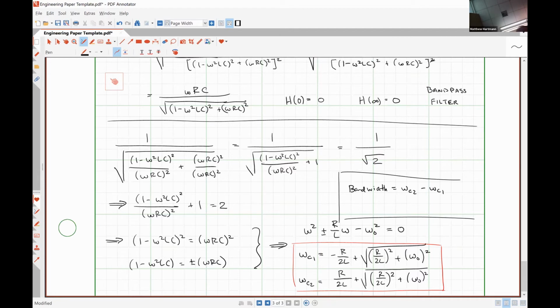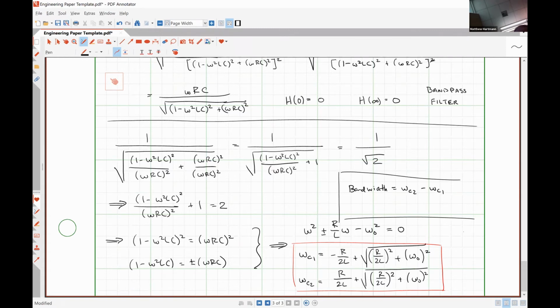And our omega naught, our resonant frequency, is the center frequency for this system. So based on just this stuff, it should be rather trivial to design a bandpass filter with a specific center frequency and a specific bandwidth.